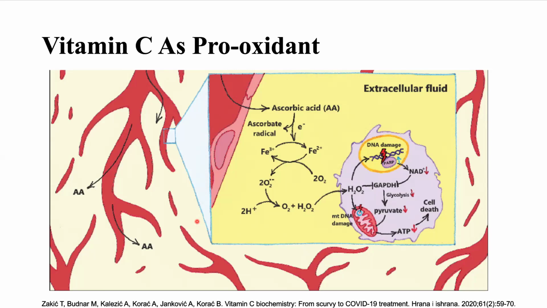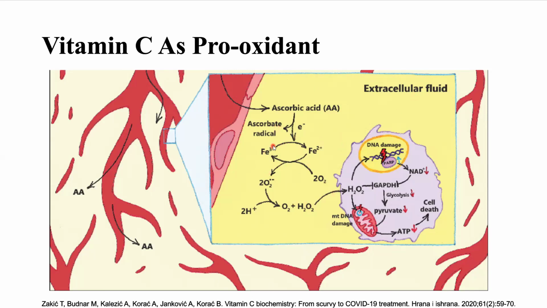But this action is very selective in the cancer cells due to different factors, which I will talk about later on. First of all, vitamin C in the form of ascorbic acid is delivered through the blood and goes into extracellular spaces, and now we have this cell over here.